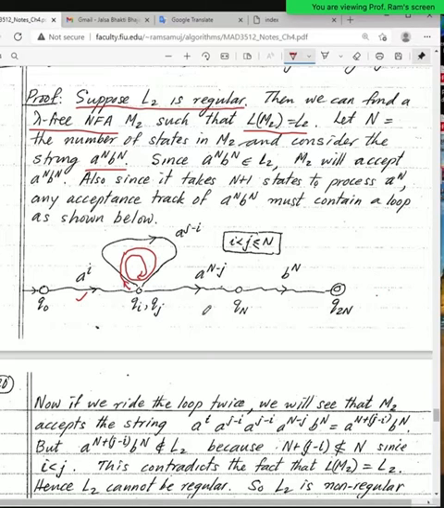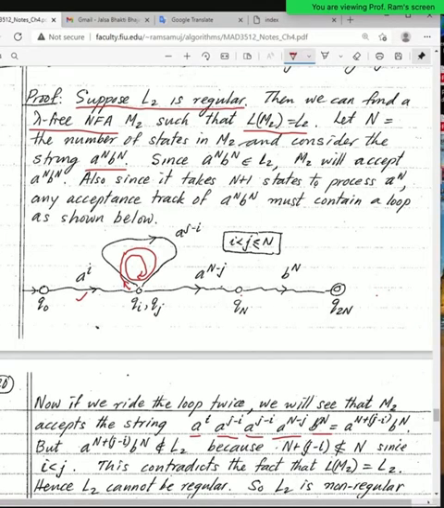Well, it will accept A to the I, that's this part, then A to the J minus I, that's the part in this loop, and then you go around again 1 more time, and then you do A to the n minus J, that's this part, and then from here to here is B to the n, right?